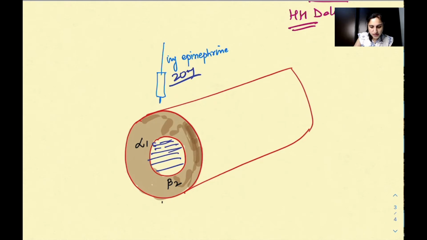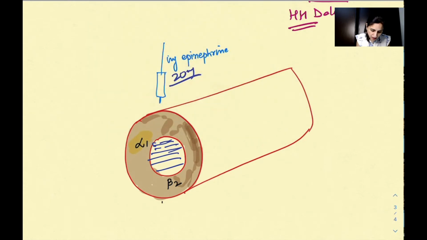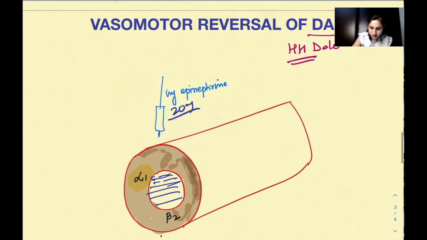But what is the difference now? The difference is that this alpha is not available because here phenoxybenzamine has sat on it. Okay? So this alpha is no more available for its action of vasoconstriction.